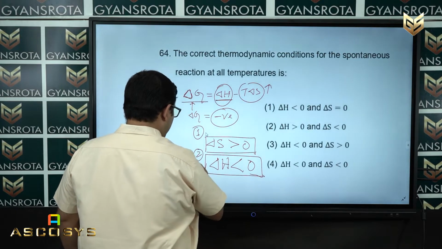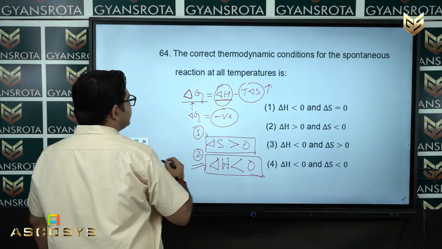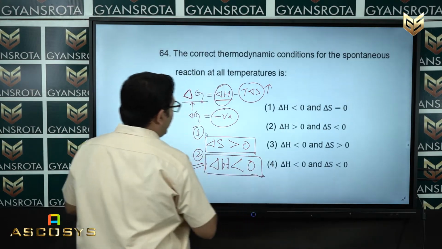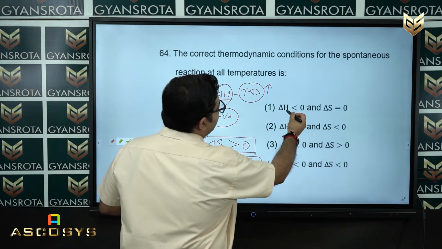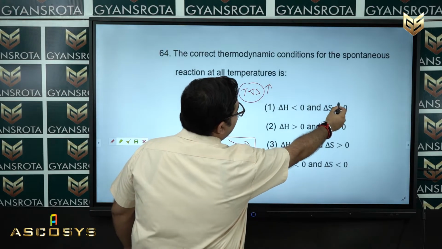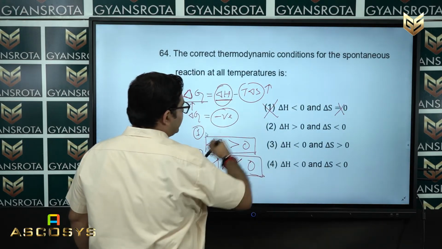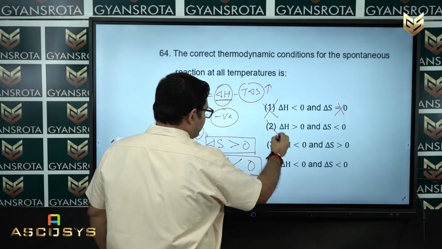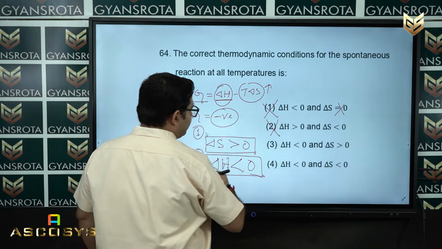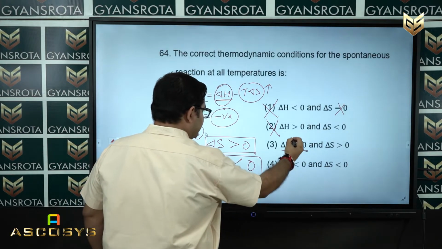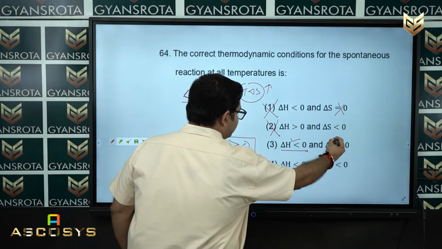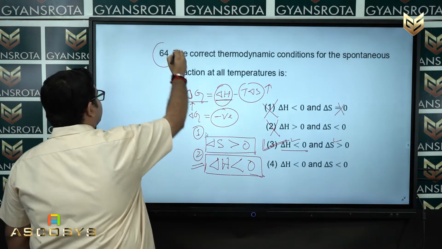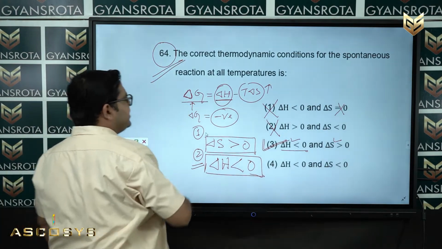These two are the conditions where your reaction shows spontaneity. Now among these 4 options, the first one has delta H less than 0, but delta S not equal to 0, so option 1 is not possible. Option number 2, delta H greater than 0, is not possible. In option number 3, delta H less than 0 is true, and delta S greater than 0 is also true. So option number 3 is the correct answer of your question number 64.